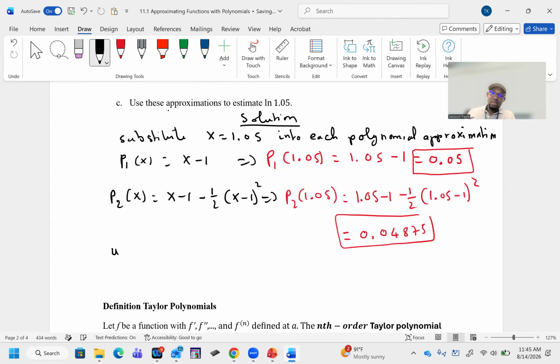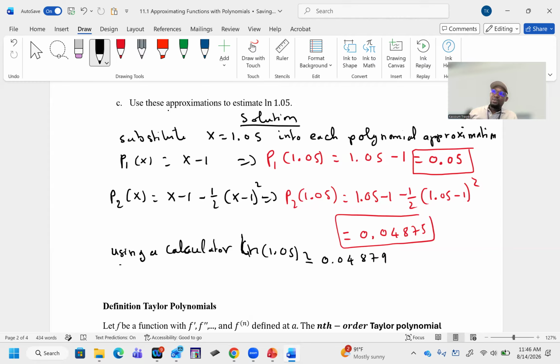So using a calculator, ln of 1.05 is approximately, in 5 decimals, 0.04879.